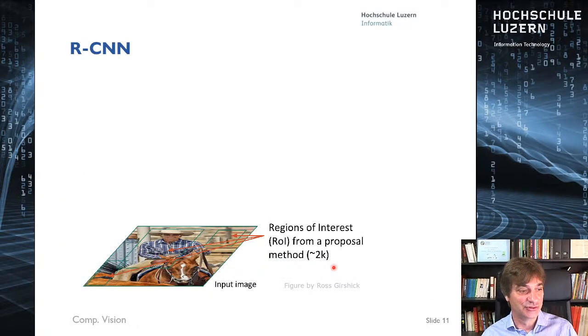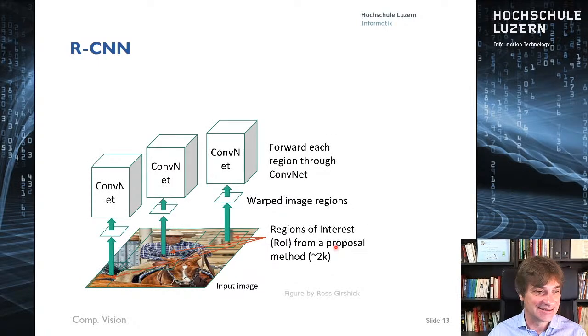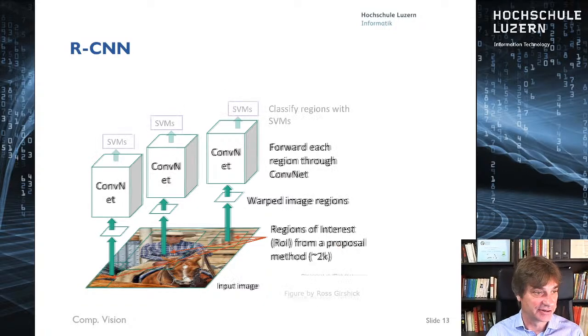So the idea is you have some region of interest proposals from some method, like 2,000 of them. First you warp those image regions. Why? Because your convolutional neural network is usually trained on images of a specific size, and so it can only classify images of that size, so you have to warp them to that size. Then you calculate the features by running those image regions through your convolutional neural network.